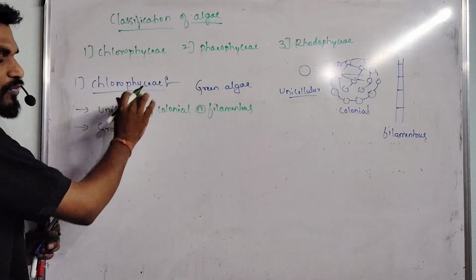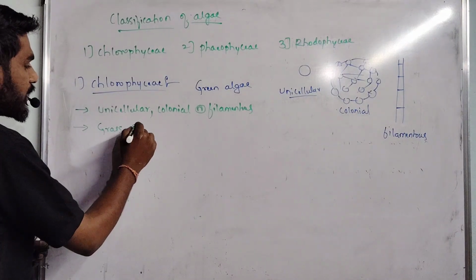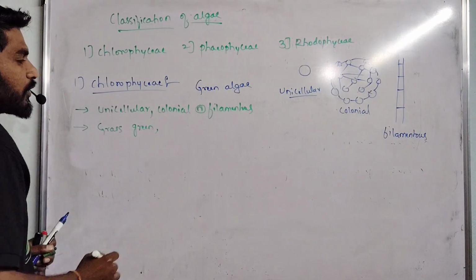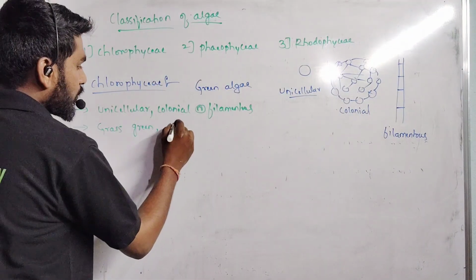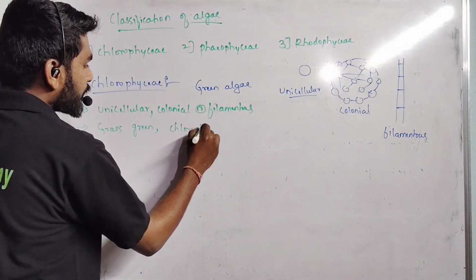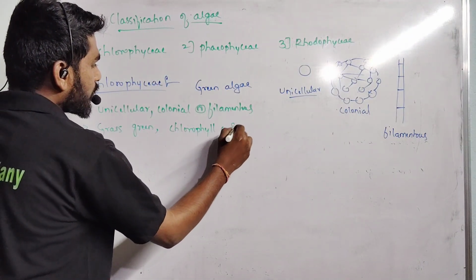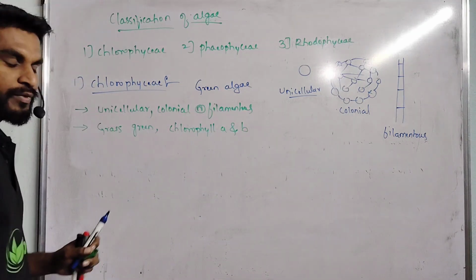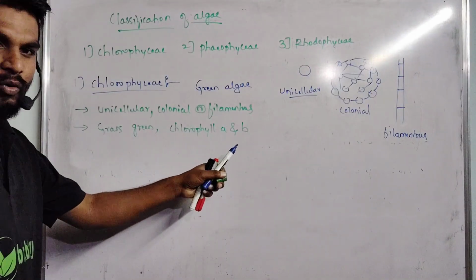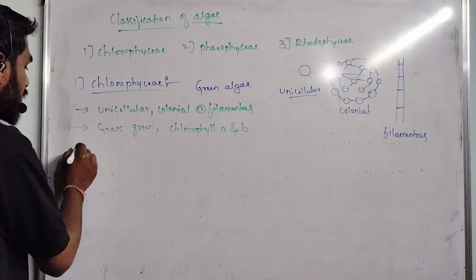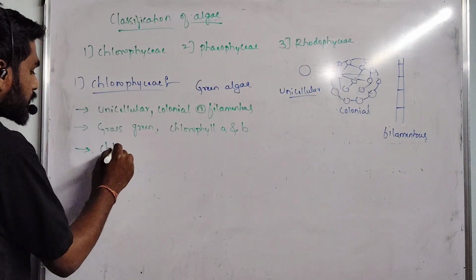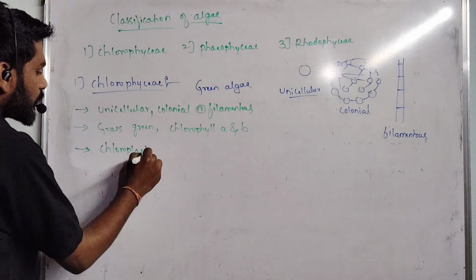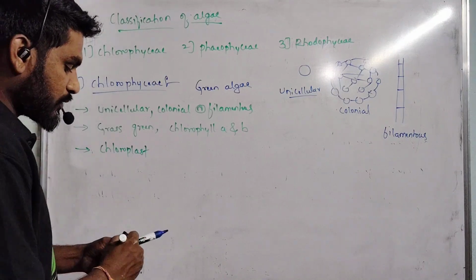These Chlorophyceae algae are grass green in color due to the presence of dominant pigments like chlorophyll A and chlorophyll B. These are present inside a chloroplast. What is chloroplast?